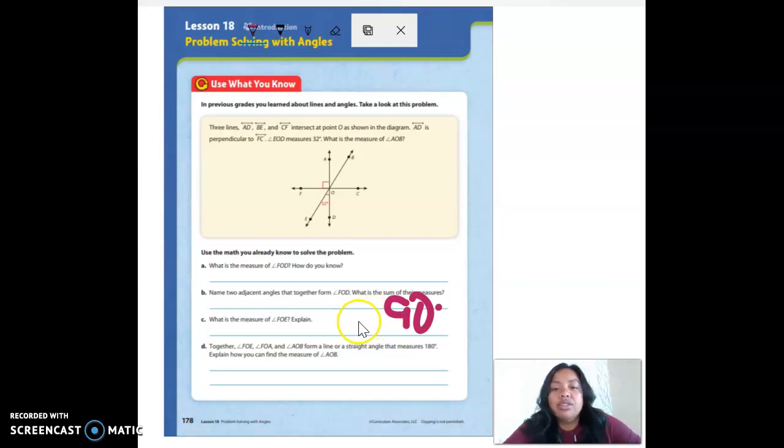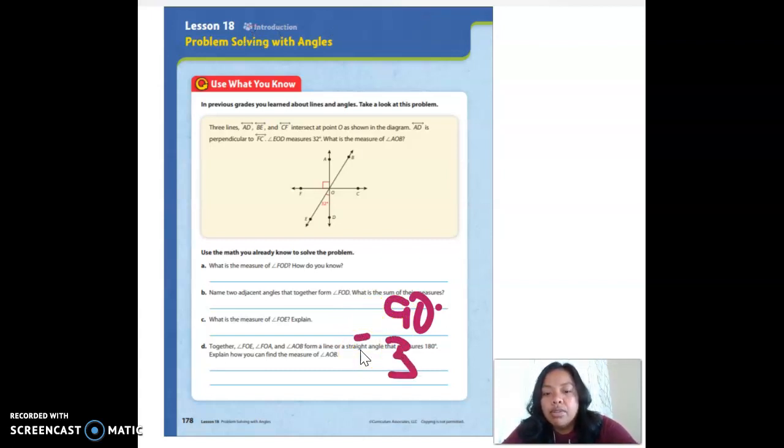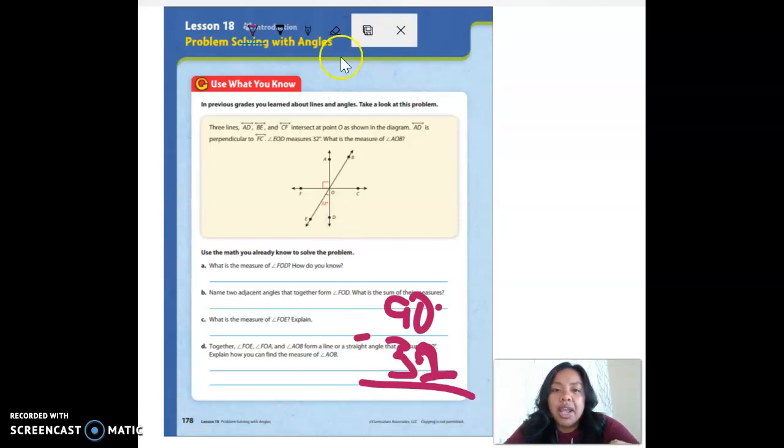When you subtract it, you're going to get 90 degrees minus 32, and I'm going to do my work right here. You subtract that together here. That's going to give you 10. This is a 2 that looks like a 1 here. Boy, I am terrible with this thing. Okay, so that's going to give you 58.